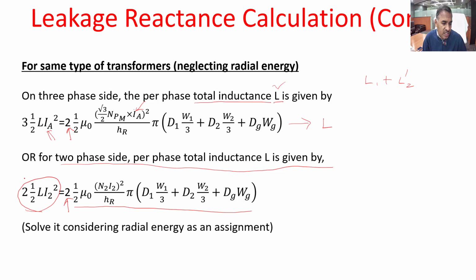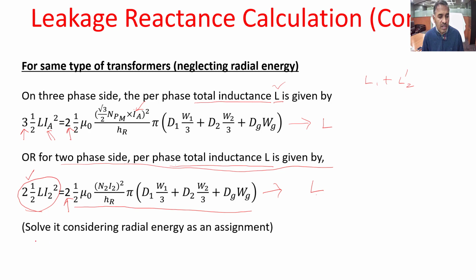And since it is a two-phase system, only 2 phases are there, so here it is 2 times half Li2 square, unlike the three-phase system, where there are 3 phases, 3 times half Li square. If you simplify, you will get L again. In this case, L is the total per phase inductance referred to the two-phase side. So this is how the calculations of leakage reactance can be done for the Scott connection.